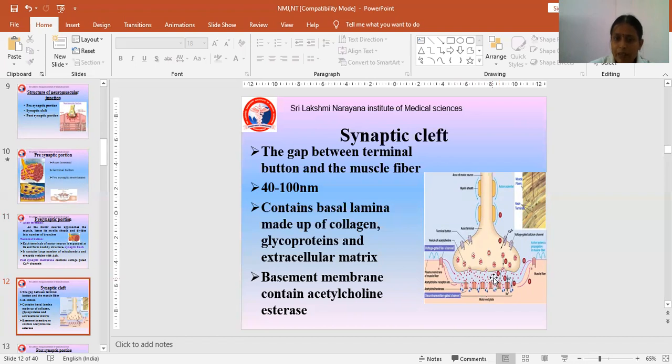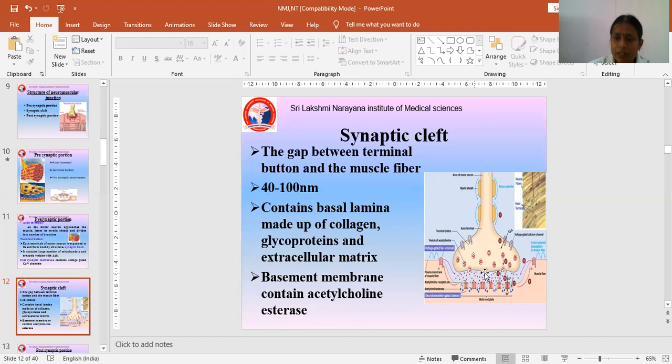It contains basal lamina, which is made up of collagen, glycoproteins, and extracellular matrix. The basement membrane also contains acetylcholine esterase that will destroy the acetylcholine.